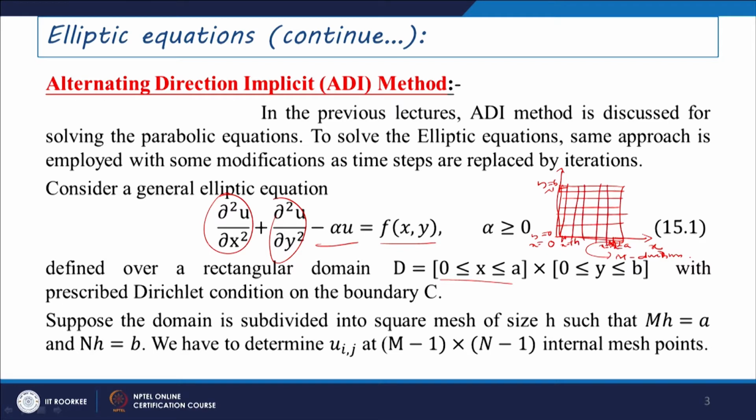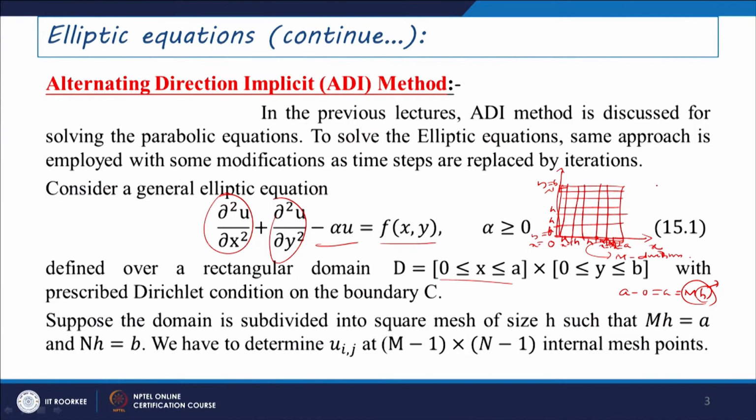So, h is the grid length, and if we consider the same size in the y direction also, then each grid length is h. The total length is a minus 0, which equals m h, since h represents the small grid length and it has been subdivided into m parts.